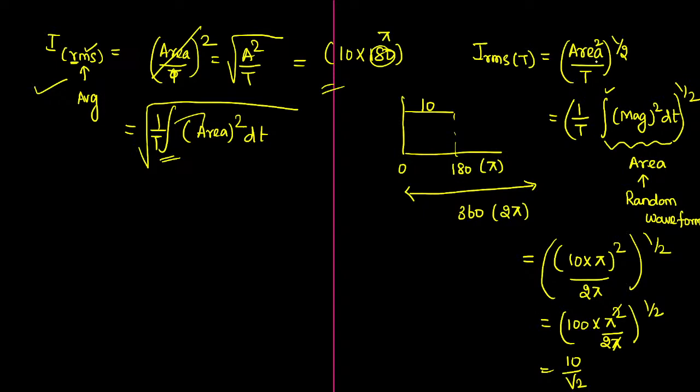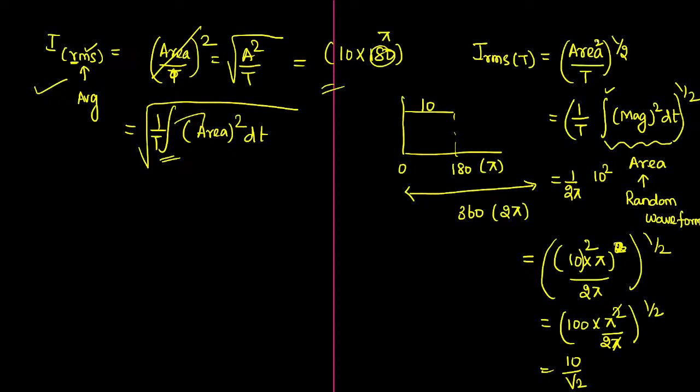I made some mistake. Time period is correct. It should be under 2 root pi. One second guys. It will be 1 by 2 pi. 10 square. Sorry. Only magnitude we have to square here.